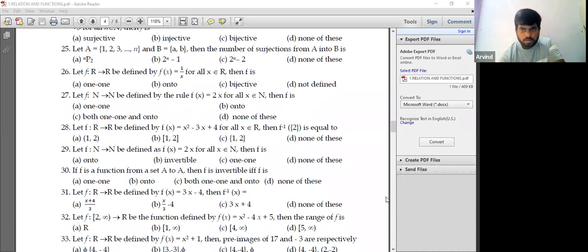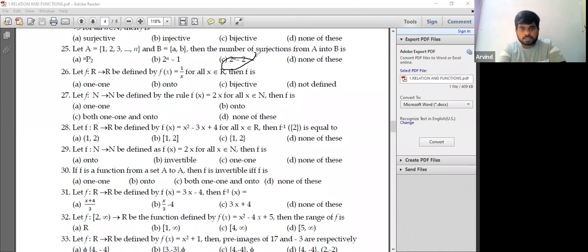Here, the set A has 1, 2, 3 up to n, meaning it has n elements in it. And the set B has only 2 elements in it, that is A comma B. Then the number of surjections, that is onto functions from A into B, is, as I told you yesterday, a formula you have to remember. If set A has n elements and set B has only 2 elements, then the number of onto functions is given by this formula.